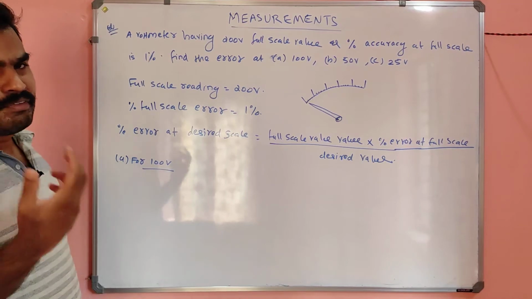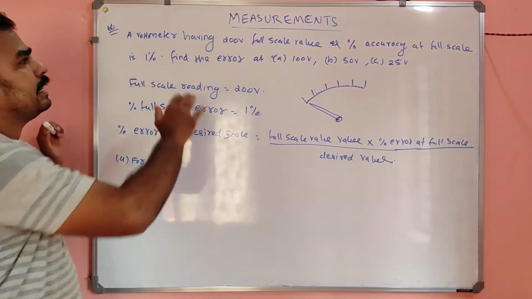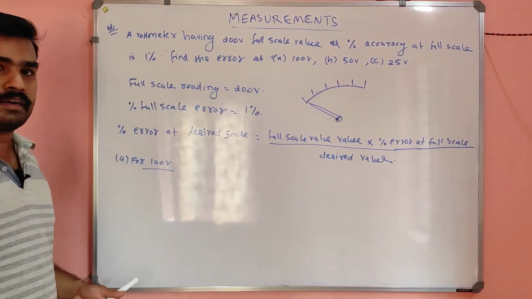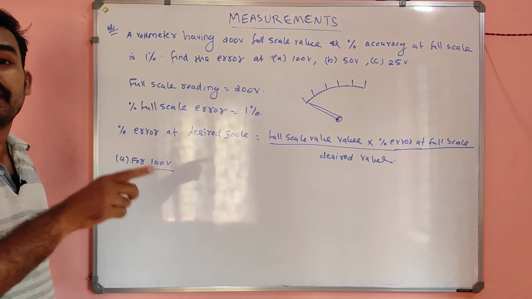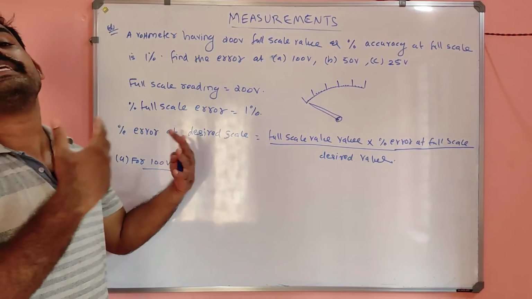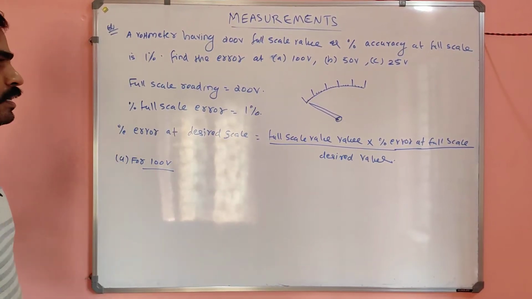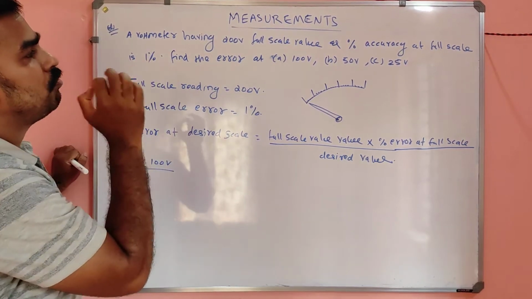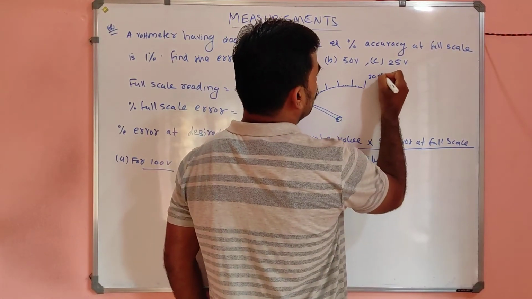How can we find that error? Suppose the error is already given. It is a guaranteed accuracy error, which means the meter manufacturer itself is saying that this meter has this much error, so you have to compensate for it. That is called a guaranteed accuracy error because it is always constant. It depends upon the full scale reading, as I already told you. A voltmeter having 200 volt full scale value, so its maximum value is 200 volt.